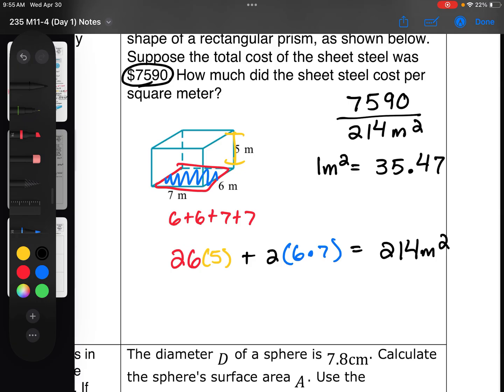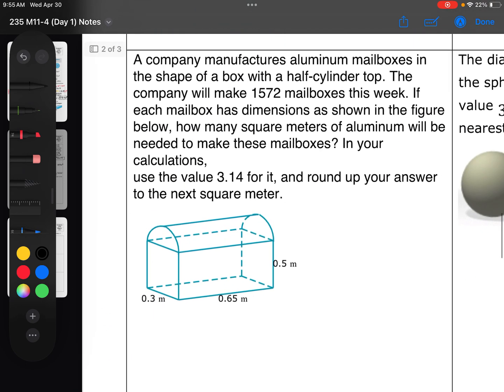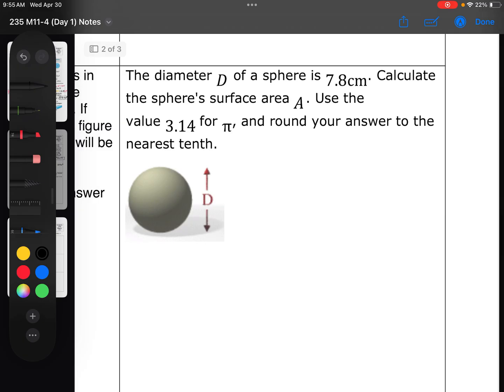So it's 47 cents. So 1 square meter of this material that they're using costs $35.47. Okay? This is the other type of example you're going to need. The sphere is easy. Just use the formula, okay?